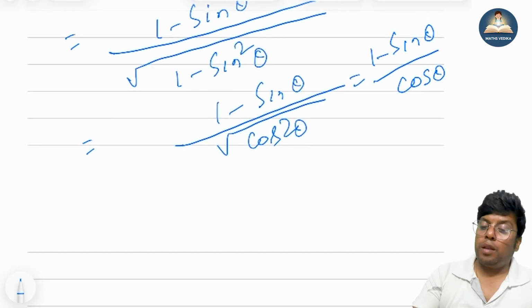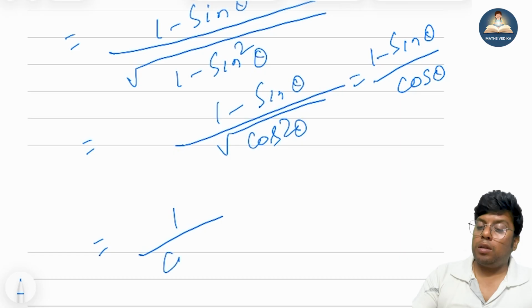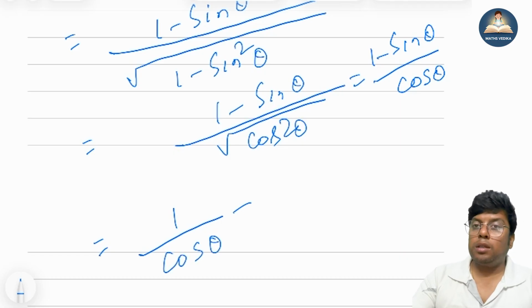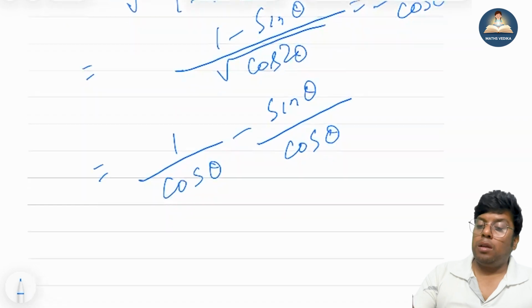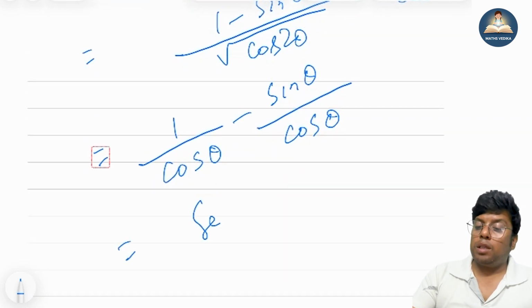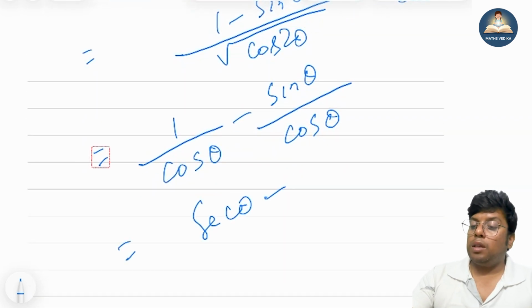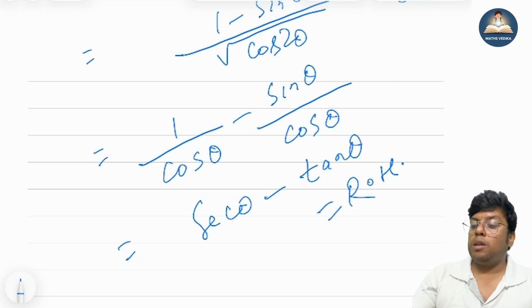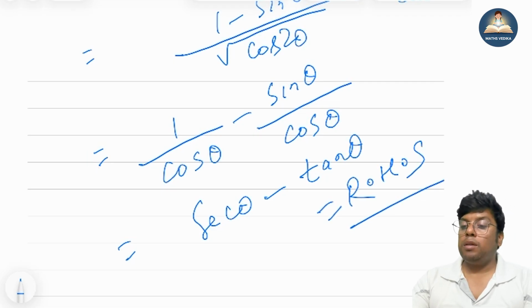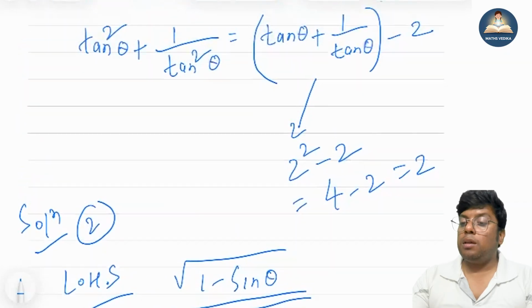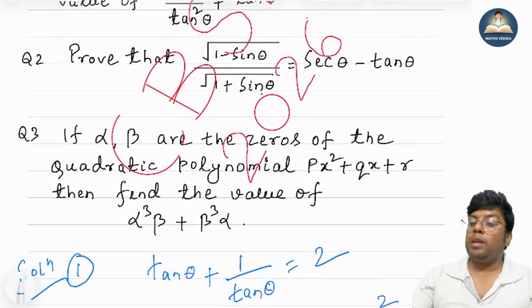Okay, is equal to 1 by cos theta minus sin theta by cos theta. 1 by cos theta will be written as sec theta, minus sin theta by cos theta is tan theta, which is RHS, hence proved. RHS is sec theta minus tan theta.